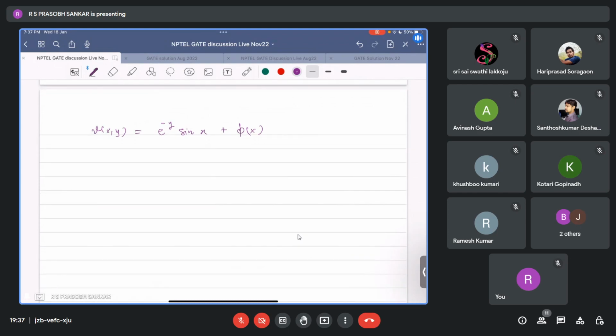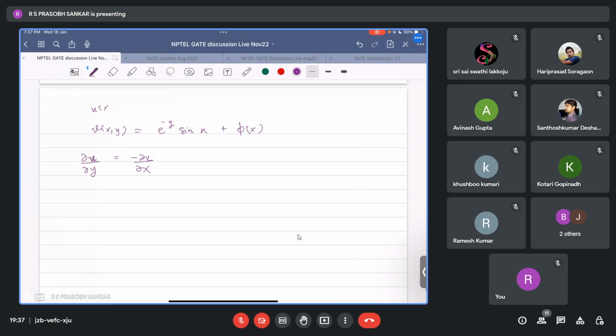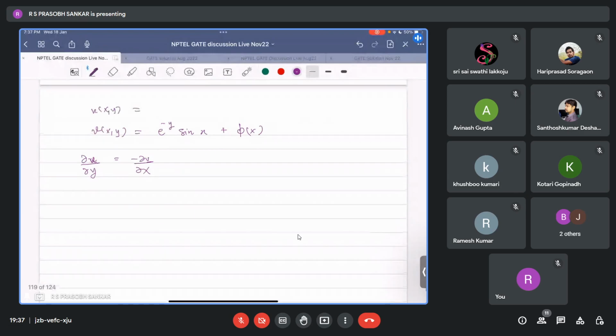Now, how do we find this phi of x? We don't know what it is. For that, we can use the other Cauchy-Riemann equation. We have dou u by dou y is minus dou v by dou x. This is the second Cauchy-Riemann equation. So what do we have? It's again u of x y.